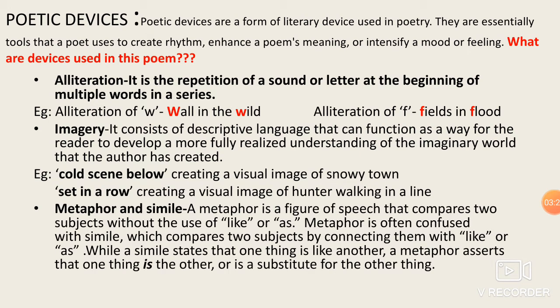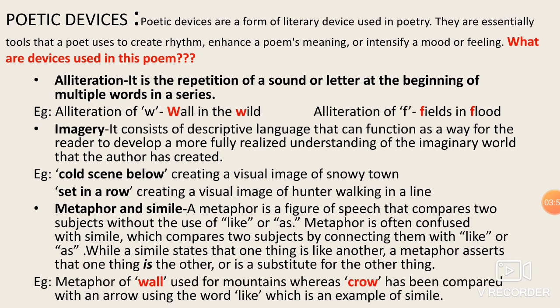Next, poetic devices are metaphor and simile. This my learners would be much aware of. A metaphor is a figure of speech that compares two subjects without the use of like or as, whereas simile compares two subjects by connecting them with like or as.